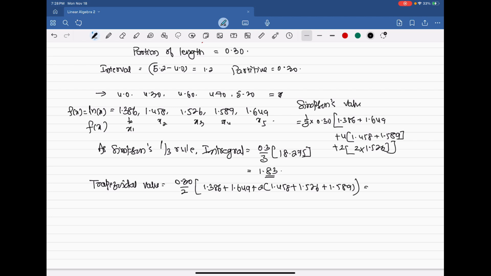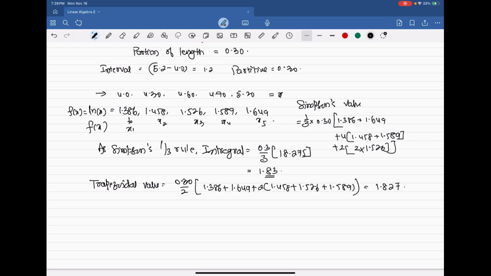1.386 plus 1.649 plus 2 into 1.458 plus 1.526 plus 1.589. This is 12.181 into 0.3 divided by 2, which gives 1.82715.